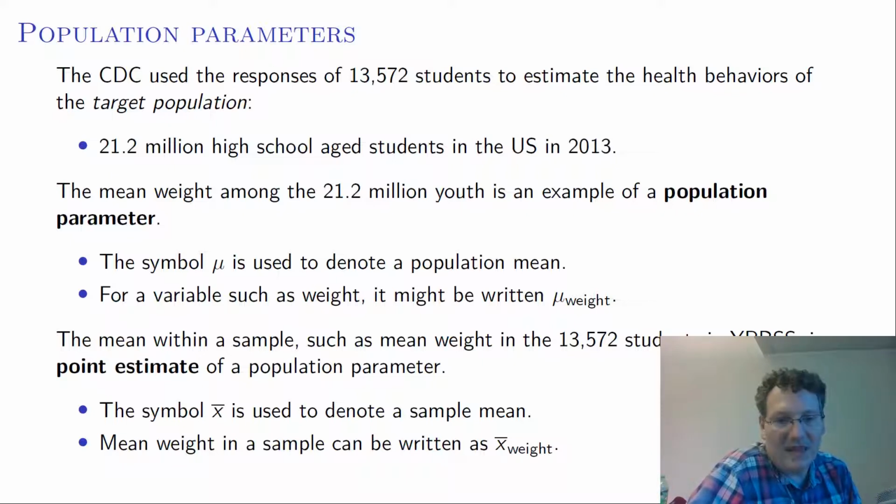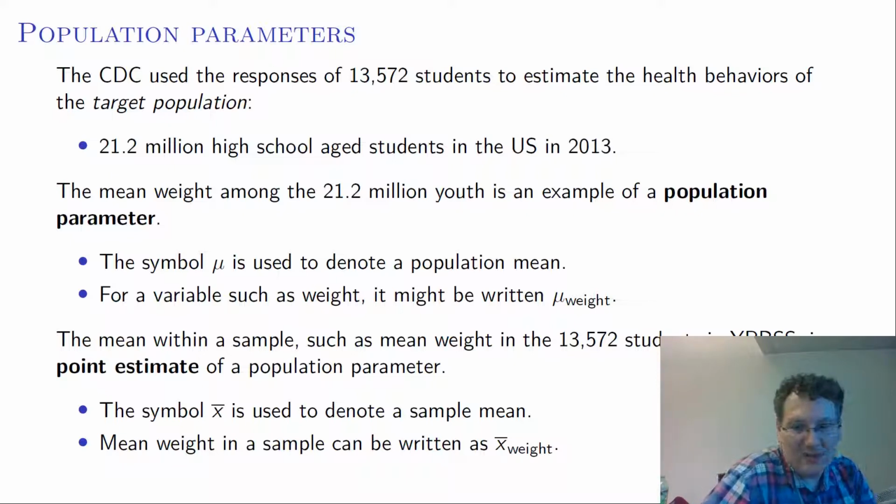For the sample mean, we'll use this X with a bar over it, X bar. In this case, we don't know the mean weight for the population, but we have the sample mean weight, and sometimes you use a subscript for denoting which variable you're talking about. So this is just some notation.